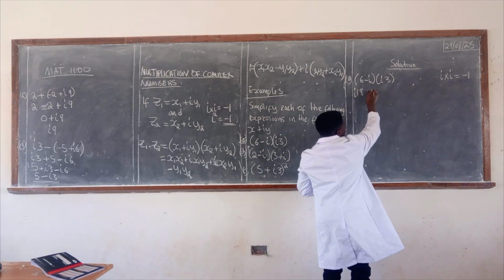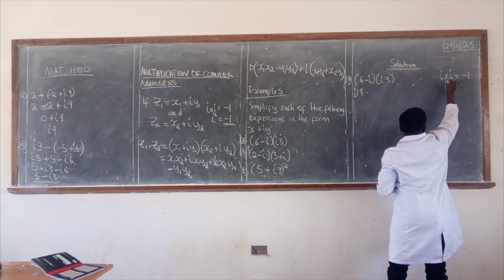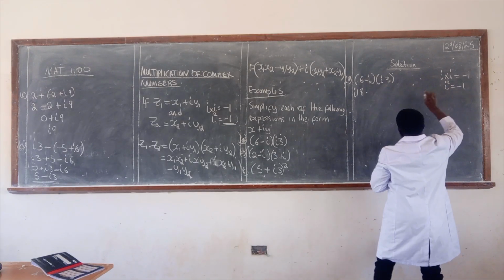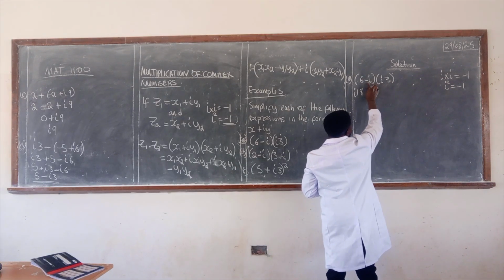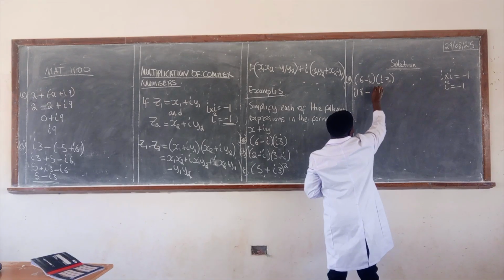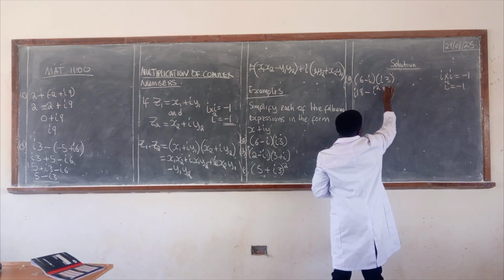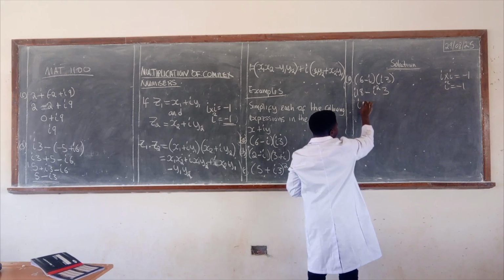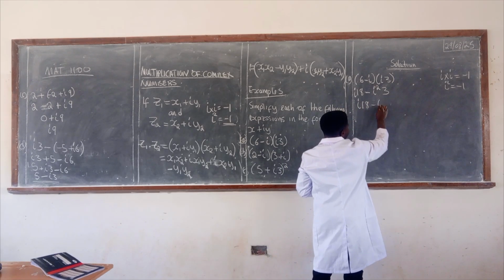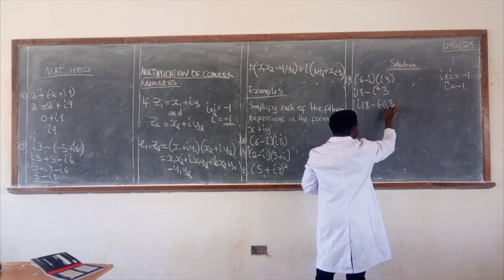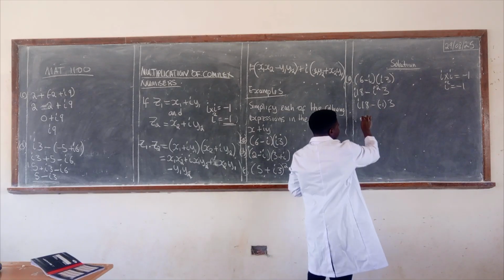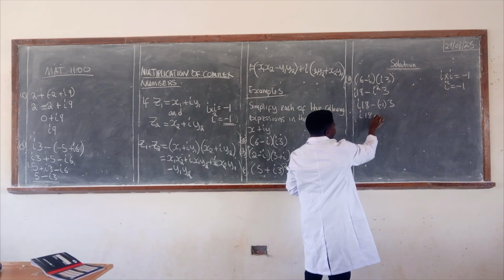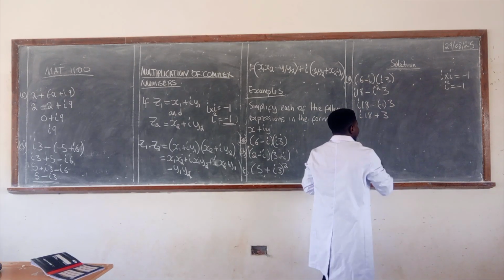Okay? So we can say i squared is equal to negative 1. So let's write it in that form. So this will give us minus i squared 3. Okay, but remember this i squared here is negative 1. So we're going to multiply that. So it's going to be i18 plus 3.